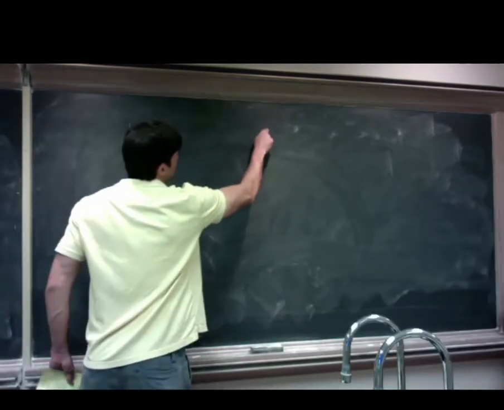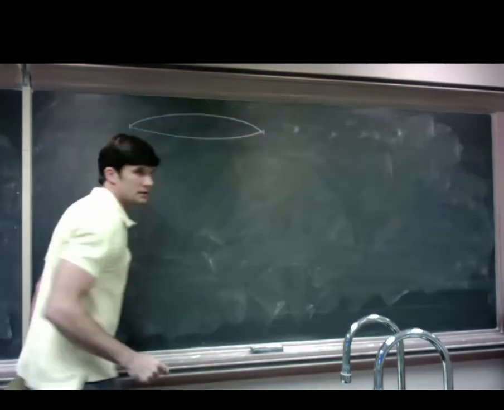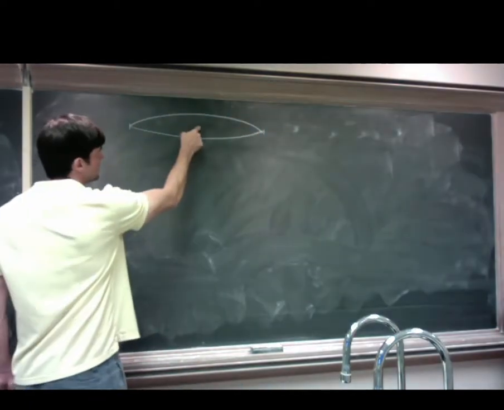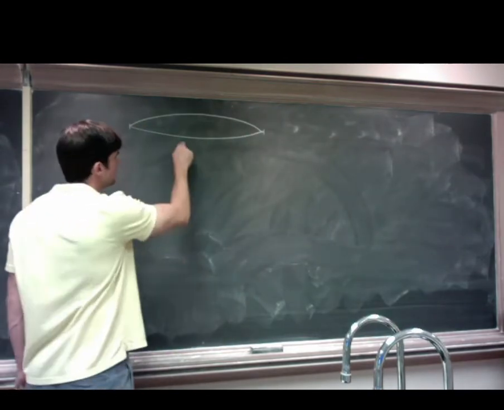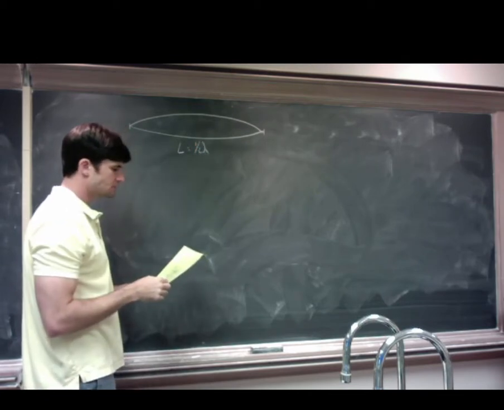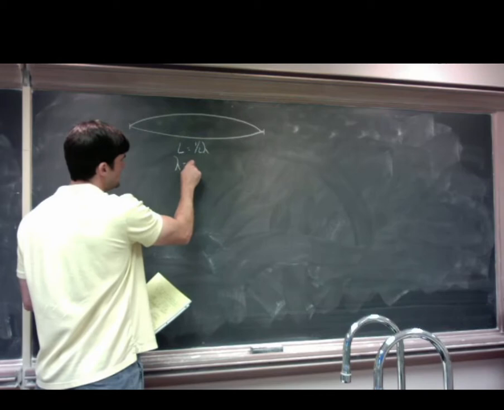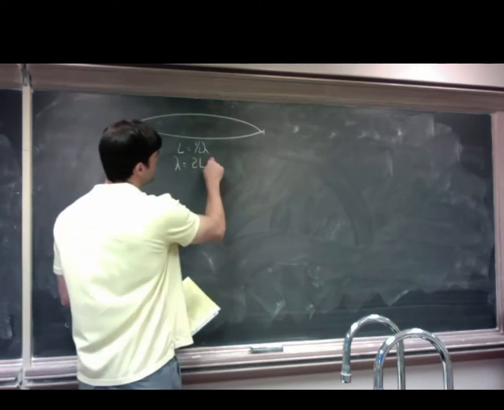So remember that the fundamental on a string looks like this: one antinode and one node at the center. So we're looking at 1/2 of a wave here. The length of the string is equal to 1/2 the wavelength of the wave. That means that the wavelength of the wave is 2 times the length of the string, which we're told in this problem is 1 meter.